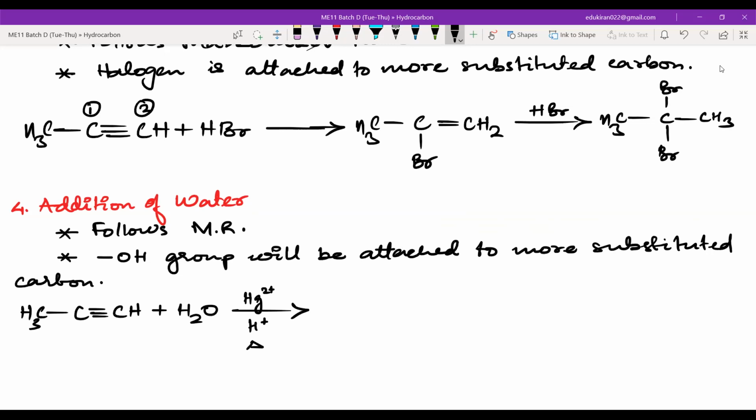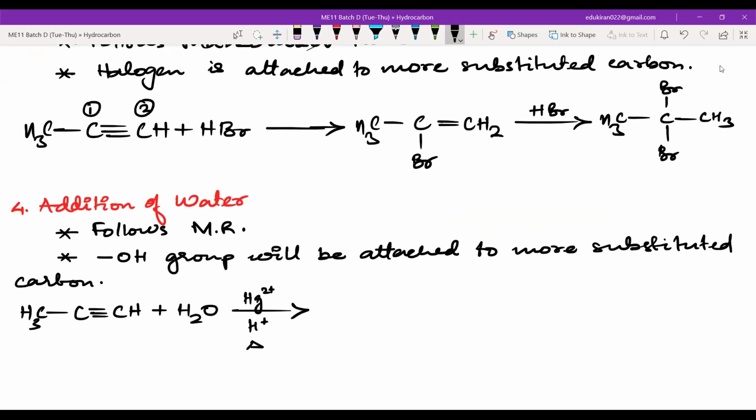We have the rule that like dissolves like, so you should have the same type of intermolecular forces of attraction if you want to dissolve two substances. That is why they don't dissolve, and hence we have to add some acid here.